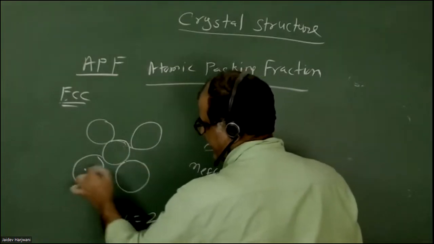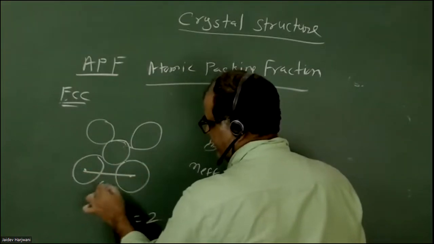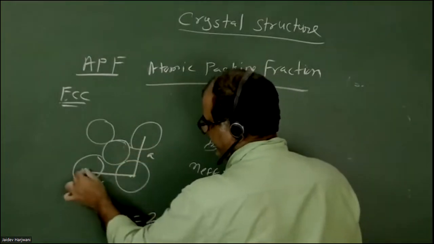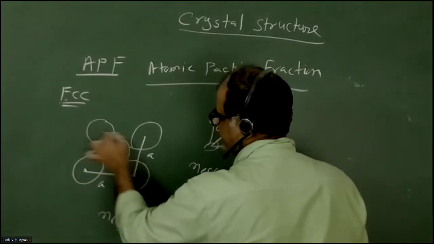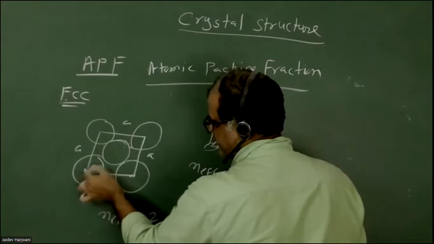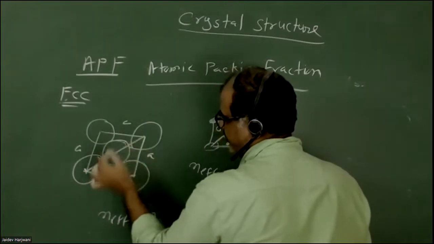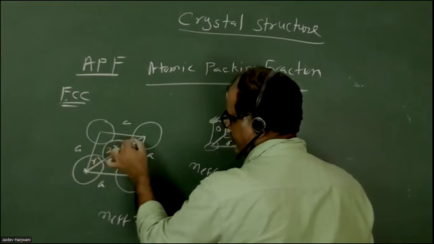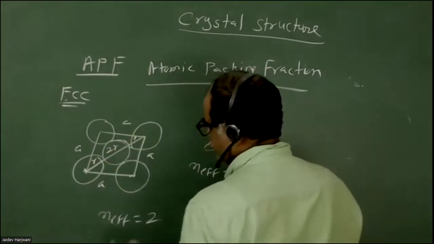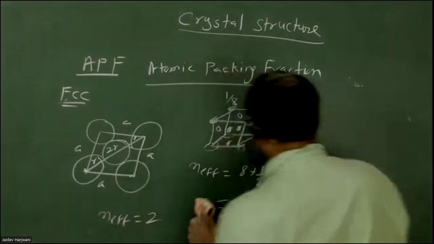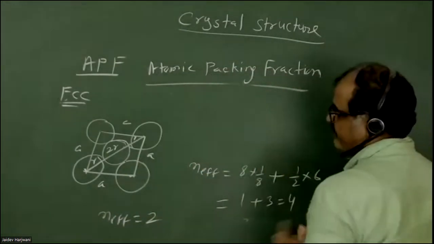Okay, so this is my atom, this is my lattice distance A, this is my lattice constant A. Okay, and similarly this is also A, and this is R, R, 2R, R, so this is my 4R, and this is my A, A. Okay, so I can write my 4R.